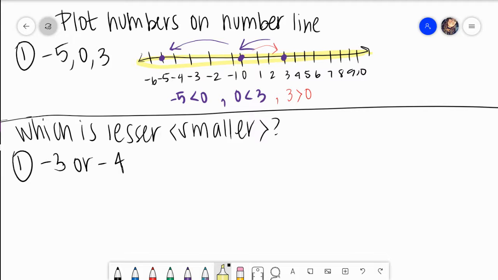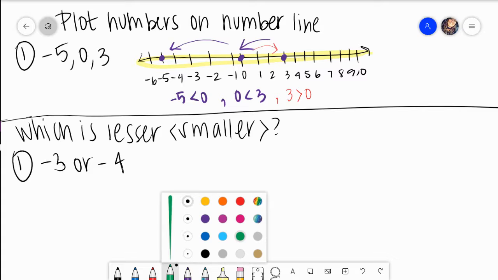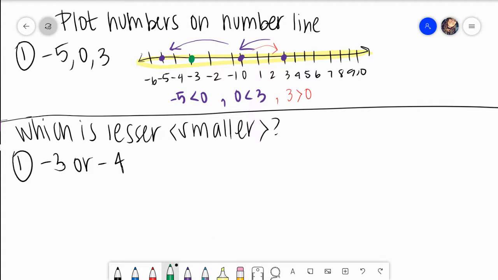If you notice, my -3 is here, and my -4 is here. So my -4 is to the left of that -3. And if a number falls to the left of a number on the number line, it means it's lesser, it's smaller. So the answer would be -4.